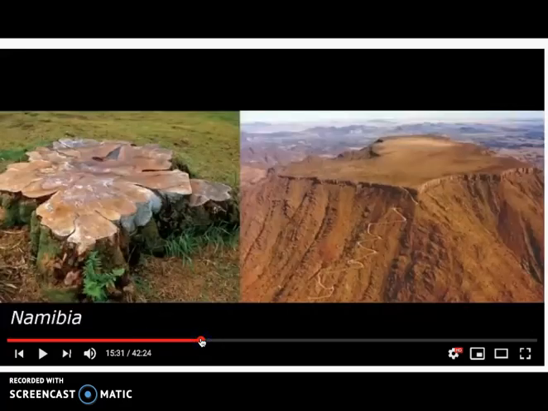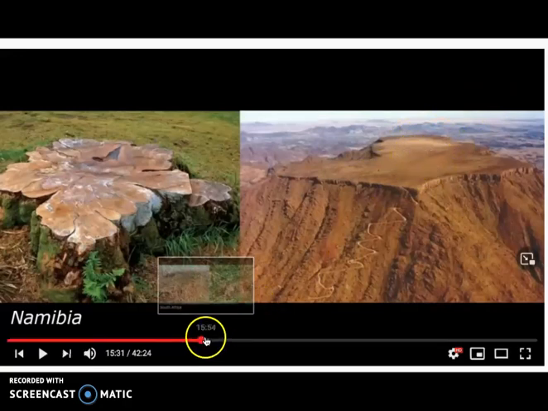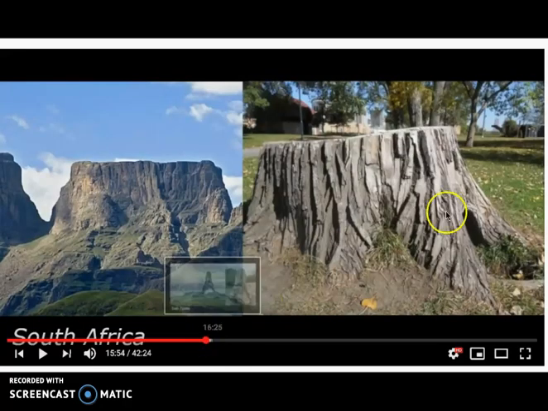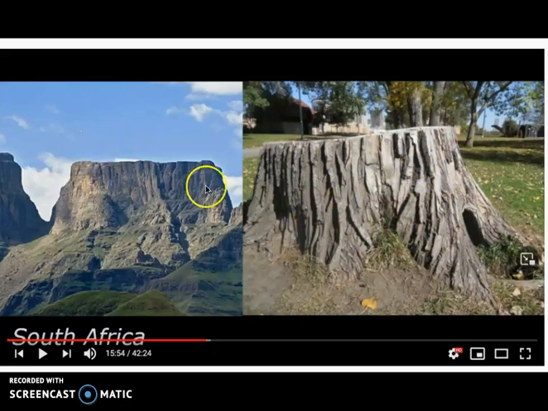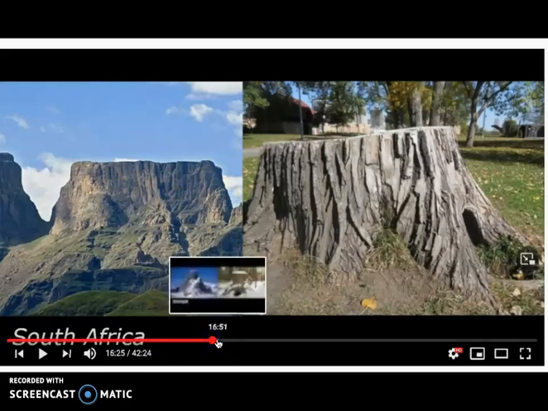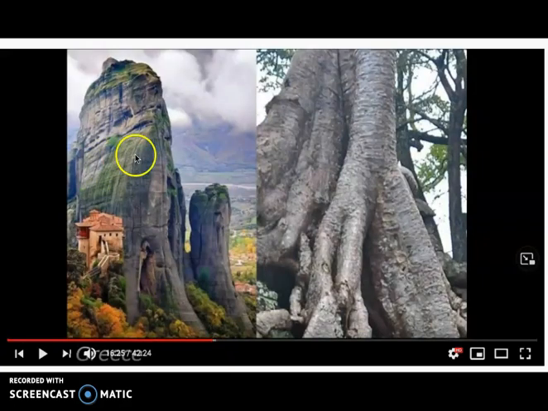They'll show the top of these sometimes too, where the top, this one doesn't show it, but some of the tops will just be rings and rings. This is our modern tree. This is the ancient tree. Were there giants? I don't know.